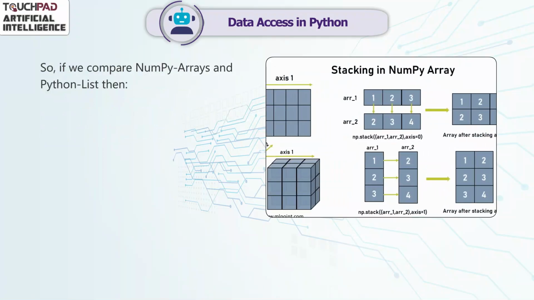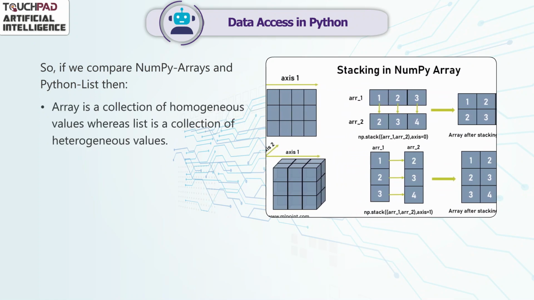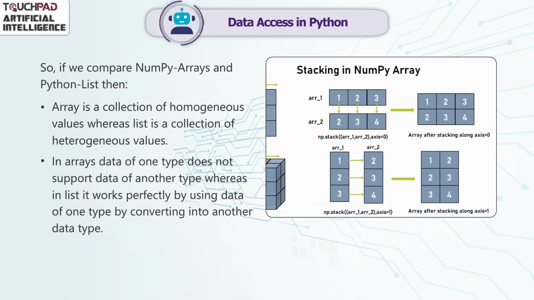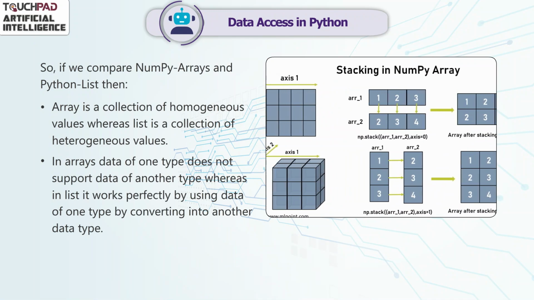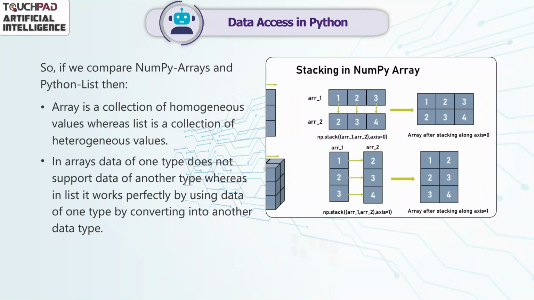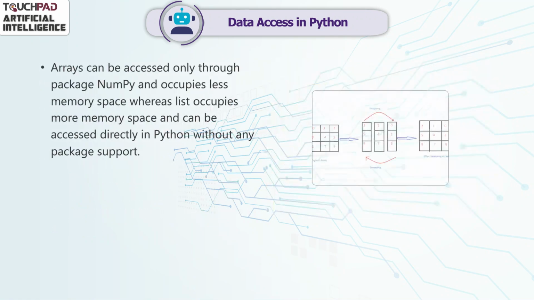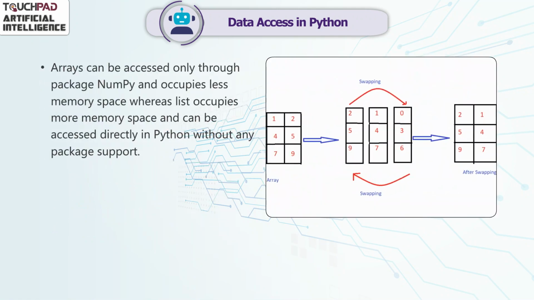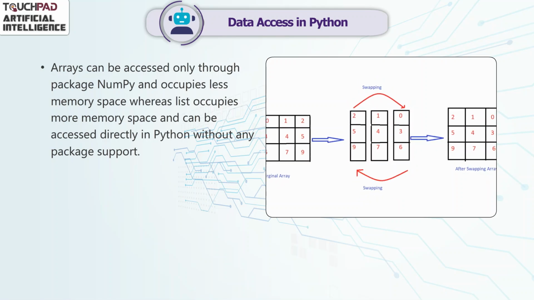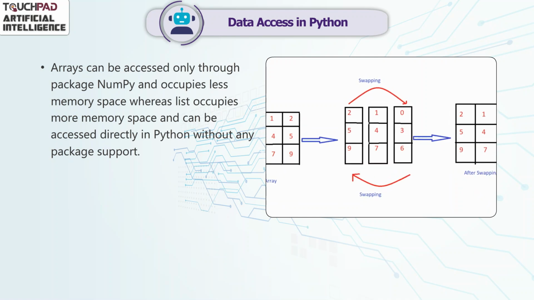If we compare NumPy arrays and Python lists, then an array is a collection of homogeneous values, whereas a list is a collection of heterogeneous values. In arrays, data of one type does not support data of another type, whereas in lists, it works perfectly by converting one data type into another. Arrays can be accessed only through the package NumPy and occupy less memory space, whereas lists occupy more memory space and can be accessed directly in Python without any package support.